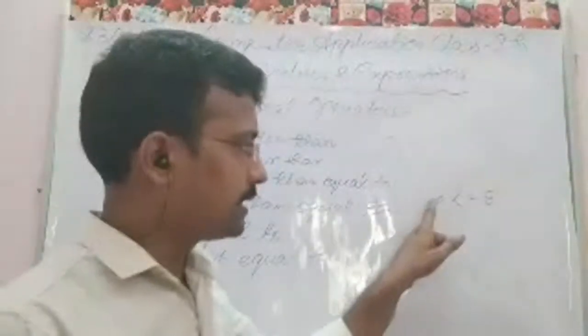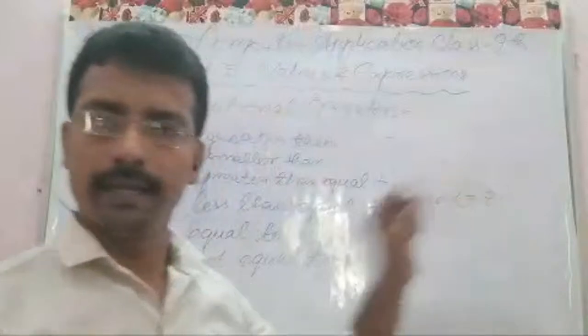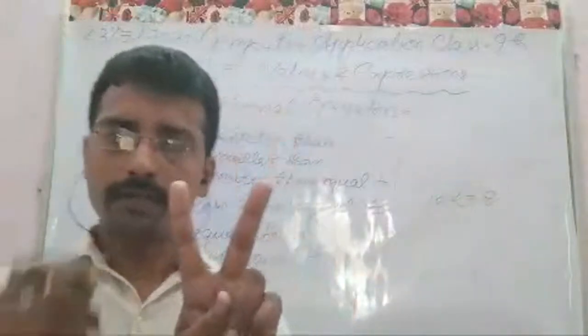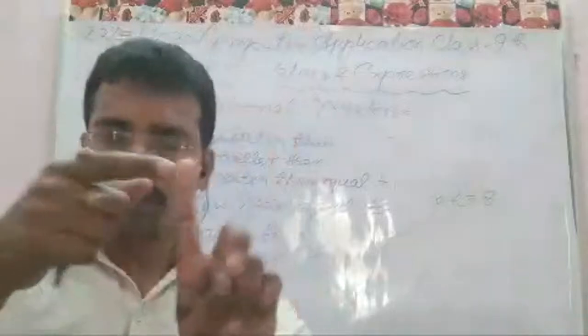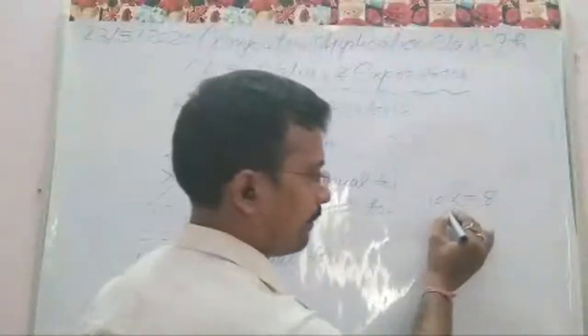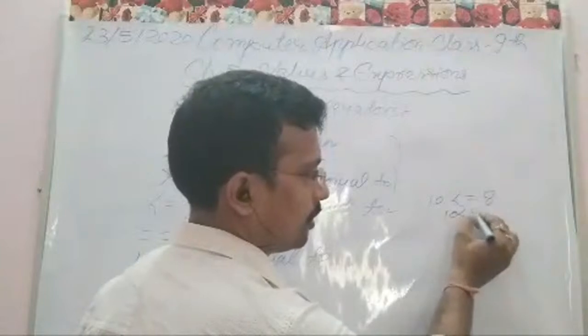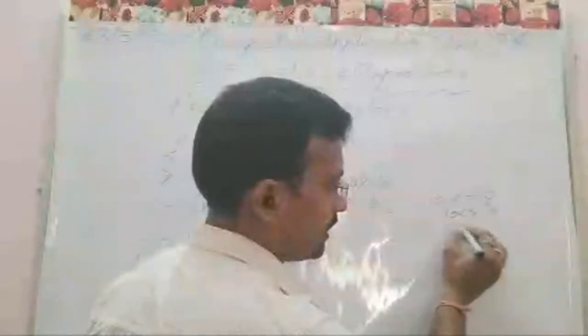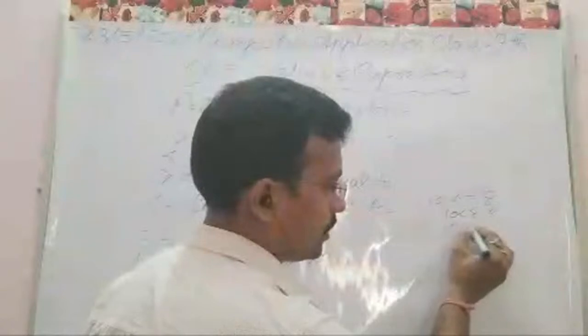Means 10 is smaller than equal to 8. Same way it will work. Two operators are used here, smaller than and equal to. The first, smaller than, will get priority. Is 10 smaller than 8? No. So they will be compared this way. First, 10 is smaller than 8. If it is false, then it will compare 10 is equal to 8. If it is also false, both will produce the result false.